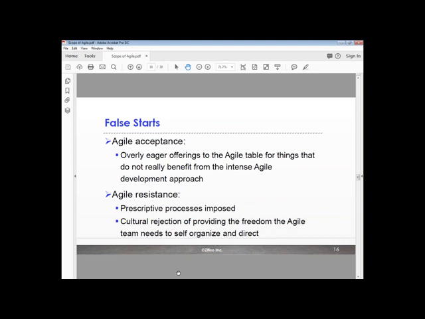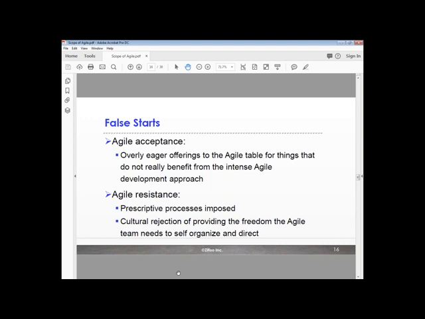The other one is Agile resistance. They say they want Agile, but meanwhile, they keep calling us to meetings. They keep asking us to provide documentation. They keep limiting the resources we have access to. So, very prescriptive, and the culture itself isn't supporting it.